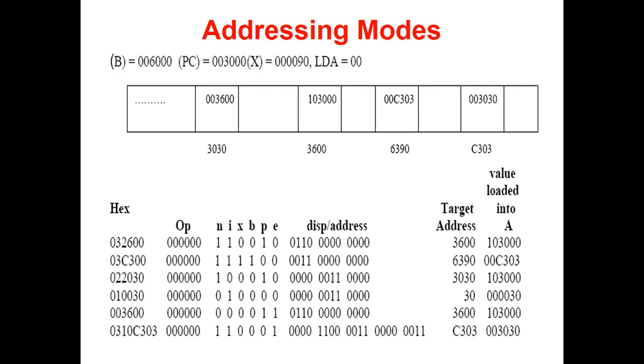Remember, the format is that the first 6 bits, that is the opcode. So when you expand these ones, you will see that the first 6 bits, all of them, are 6 zeros. That is the opcode.